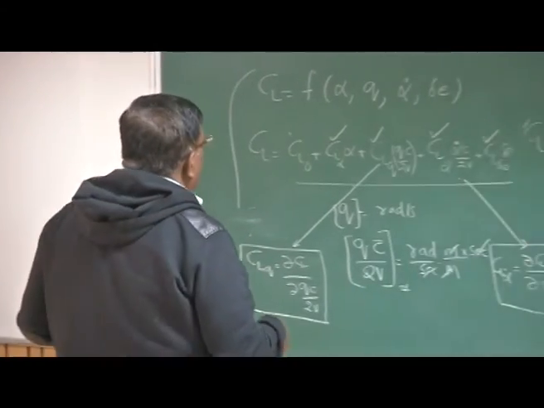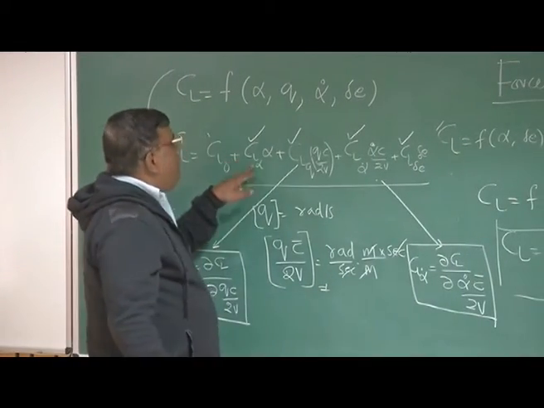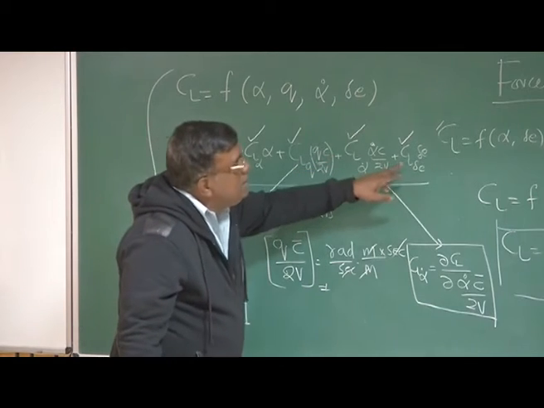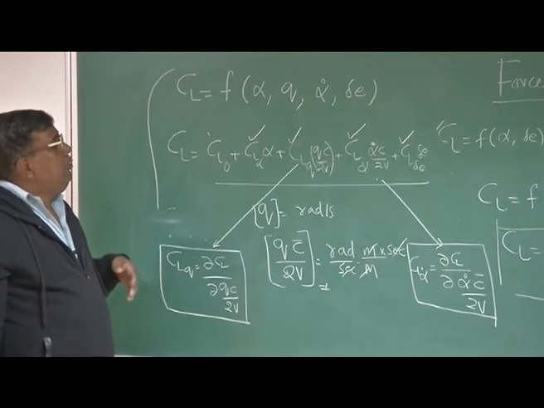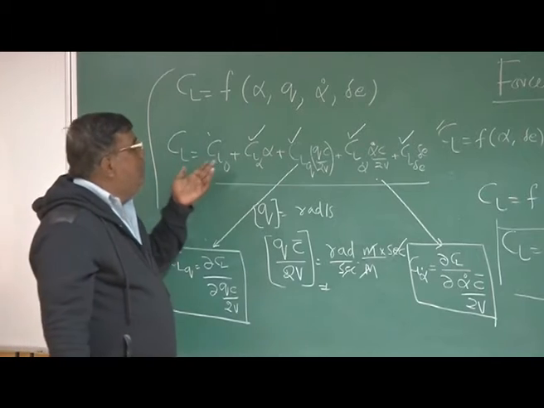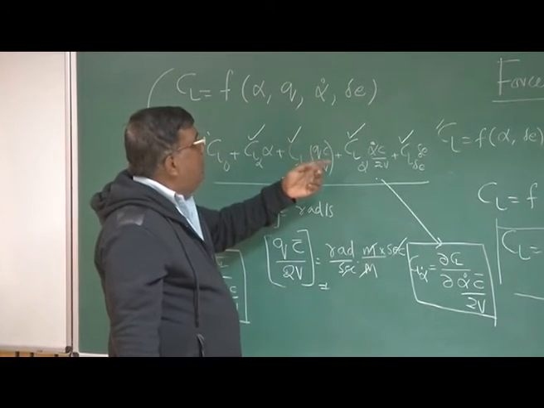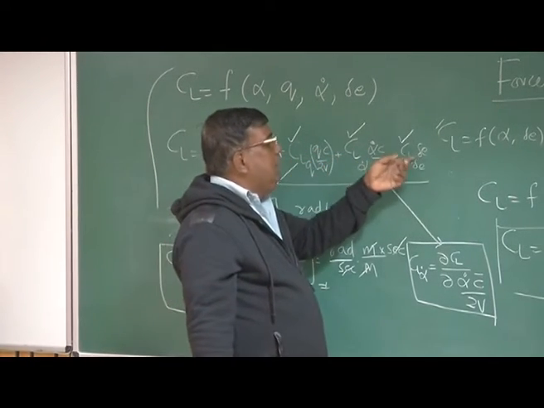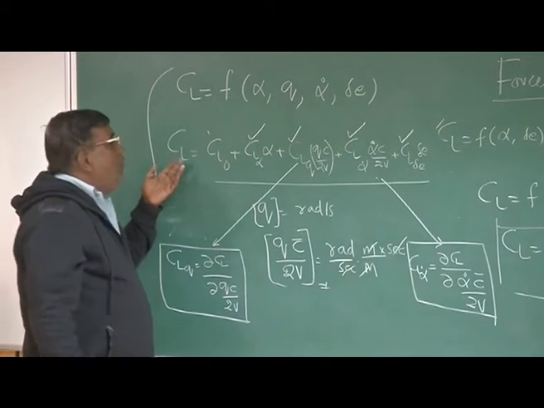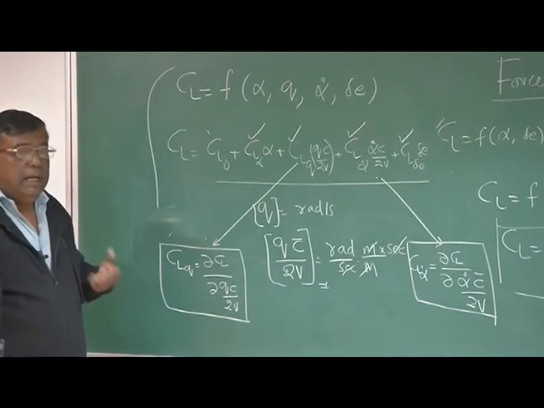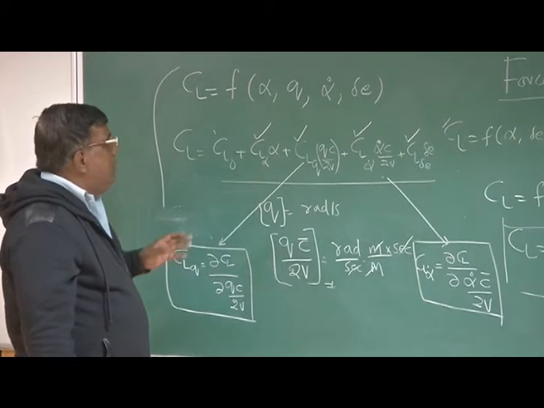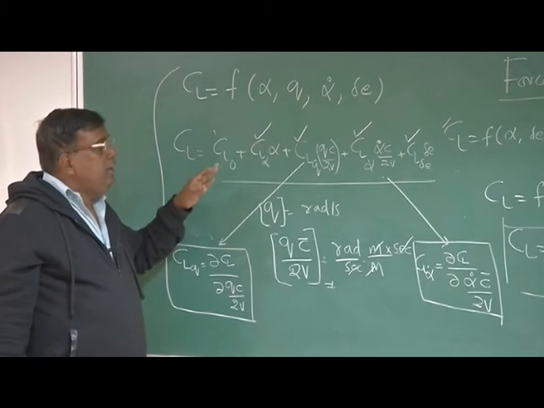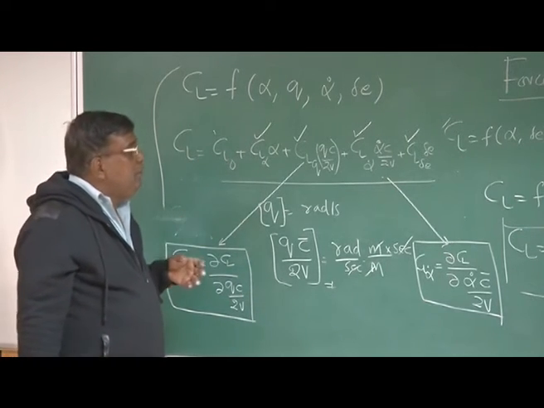I repeat: if I know the values of CL naught, CL alpha, CLQ, CL alpha dot, and CL delta E, then I know the CL the airplane is experiencing.